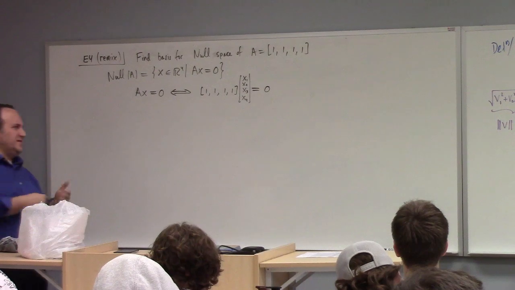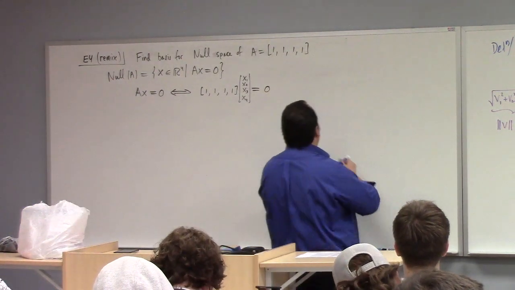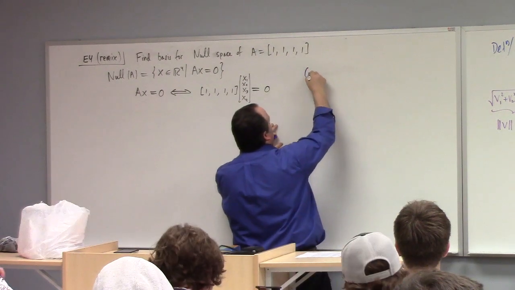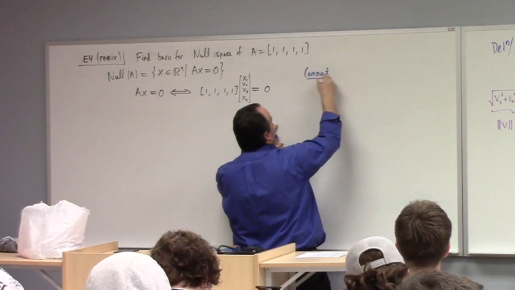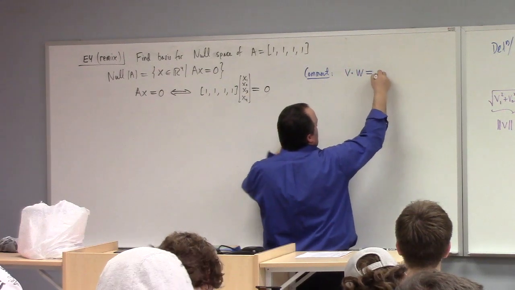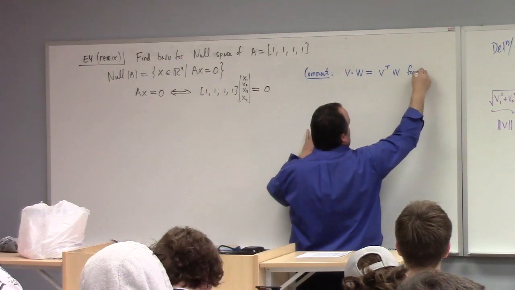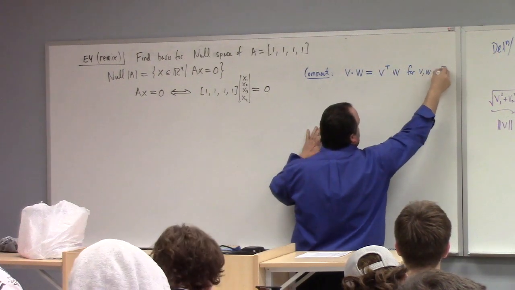Let me put this a different way. There's a side comment I should have made, I don't know, 20 minutes ago. Comment: v dot w is also equal to v transpose times w for v and w in Rn.